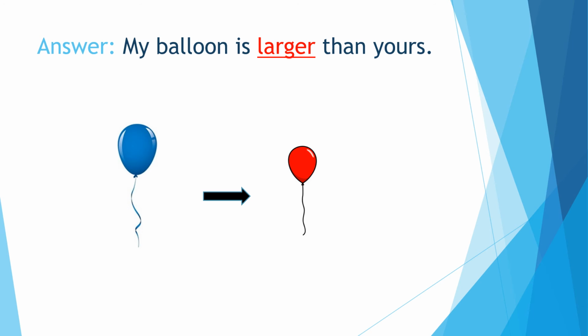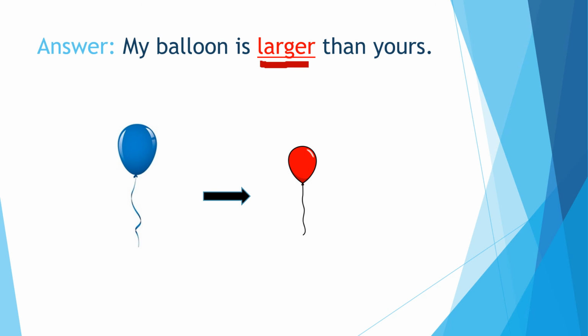So look at the spelling of the adjective, that is larger. Here again we are not adding another e. If any adjective ends with e, if we are going to add er, there is no need to repeat the letter e. Instead we can use the same e and add r at the end. So the correct answer is, my balloon is larger than yours.